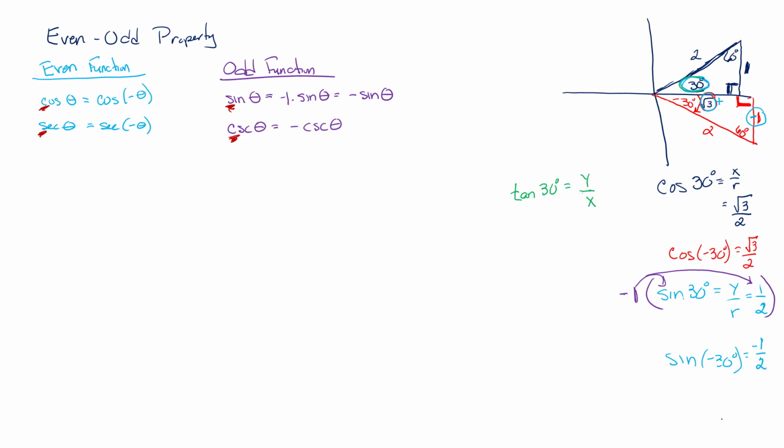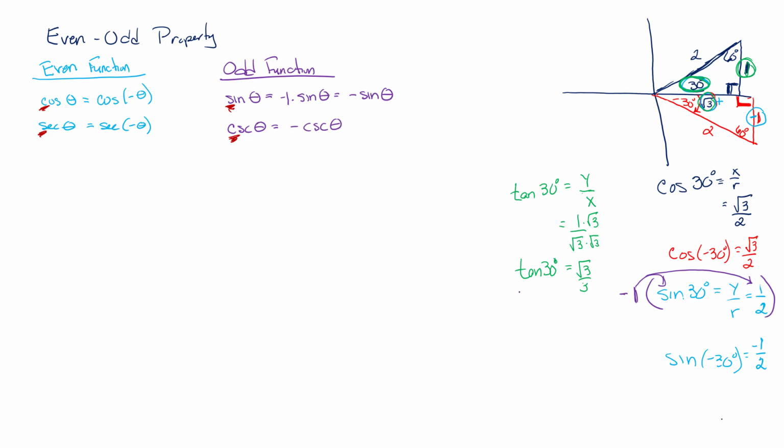So I'm talking about 30 degrees, and the y value is 1. The x value is the square root of 3, which would make this 1 over square root of 3. And when you rationalize it, the tangent of 30 degrees is square root of 3 over 3. Remember, you have to rationalize. These guys cannot stay with a root in the denominator.